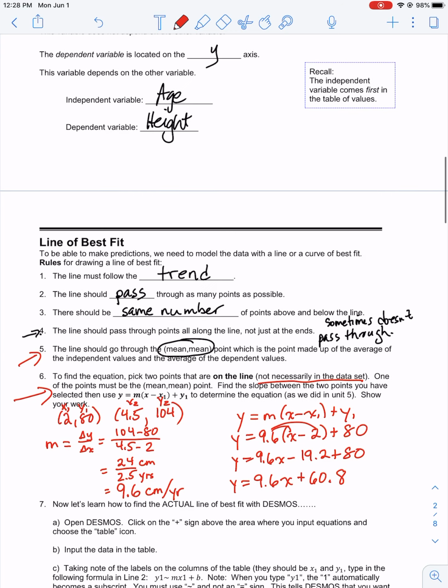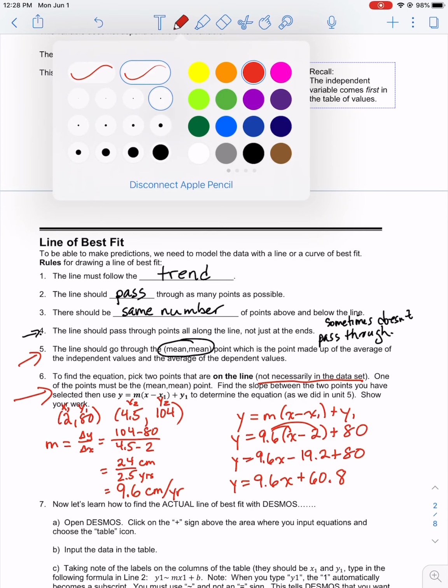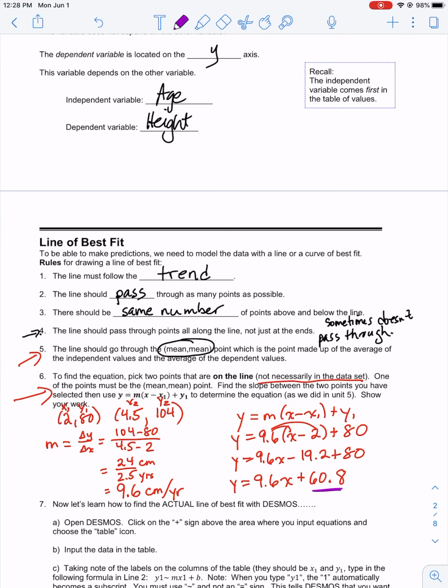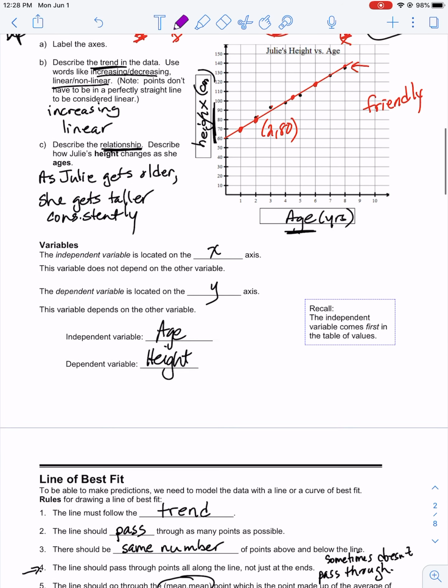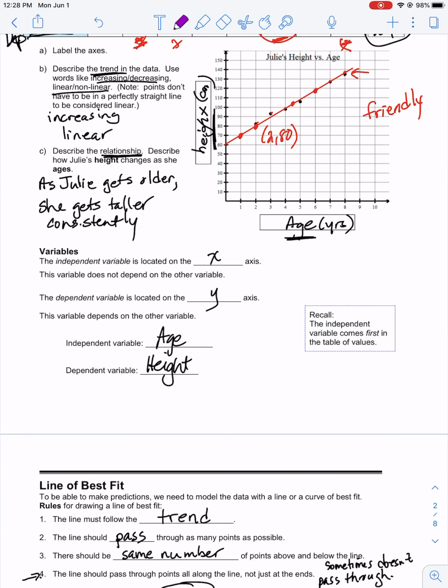And if I look at the graph, remember this last number here, that one should be the y-intercept. And if I look at my graph, it does look like it's crossing the y-axis slightly above 60. So I'm going to say 60.8 is about perfect, okay?